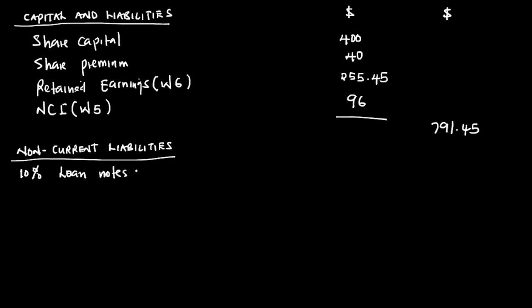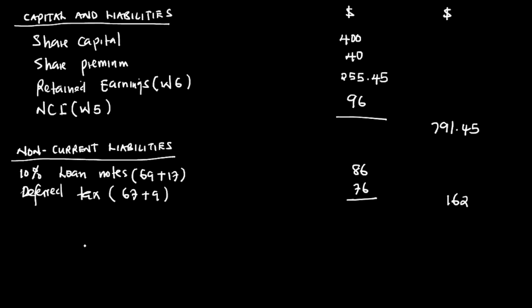You just add for the two, parent plus sub. That's 86. Deferred tax, $67 plus 9, that's 76. The total of that is 162.